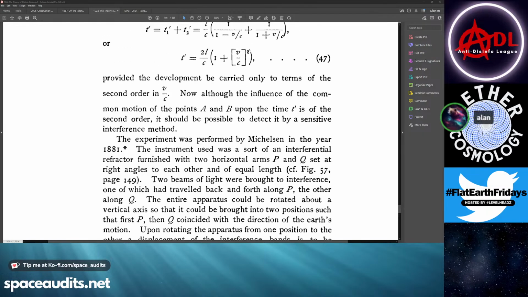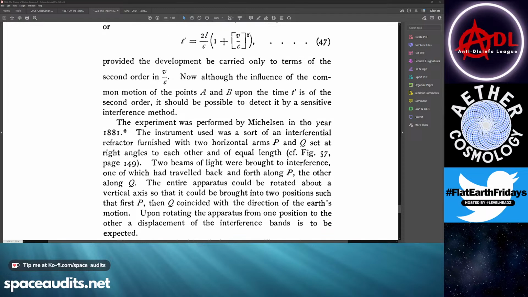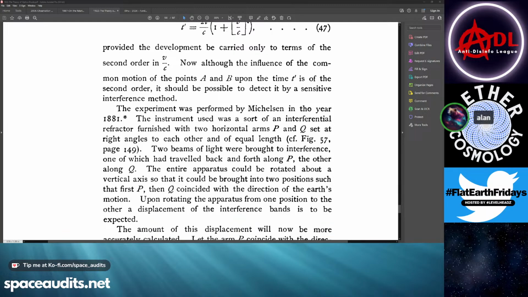So, provided the development is carried only to the terms of the second order of v over c, nu over c. Now, although the influence of the common motion of points A and B upon the time t prime is of the second order, it should be possible to detect it by a sensitive interference method.